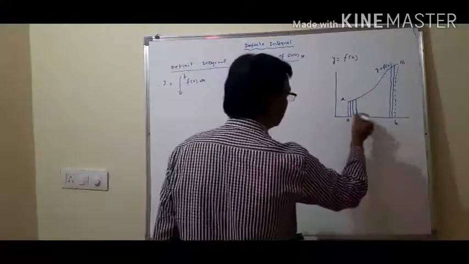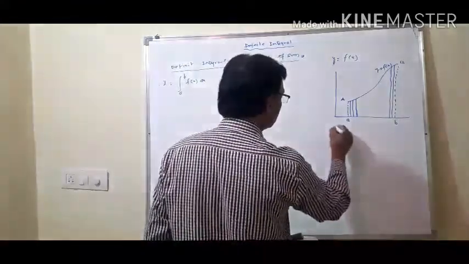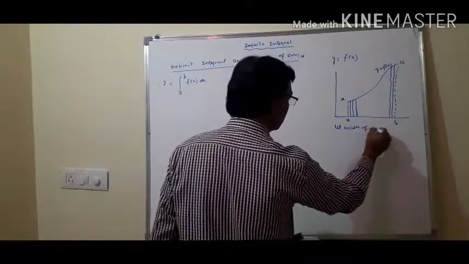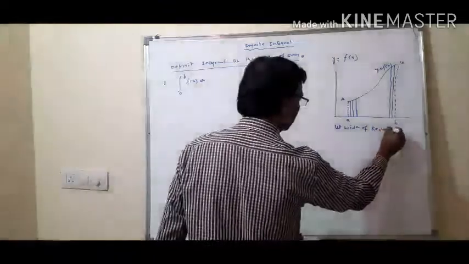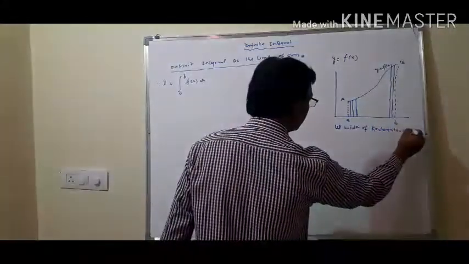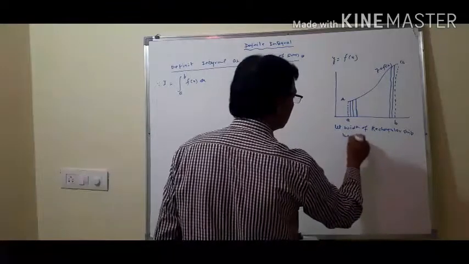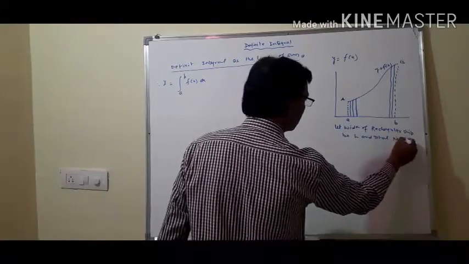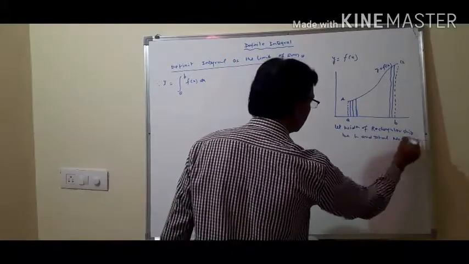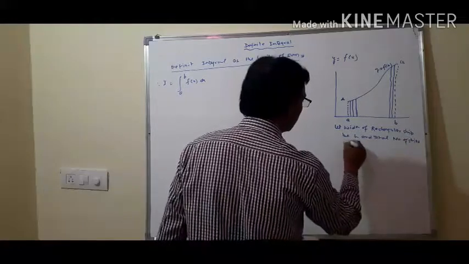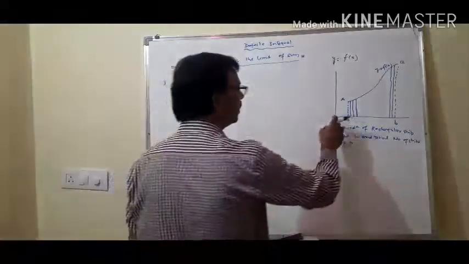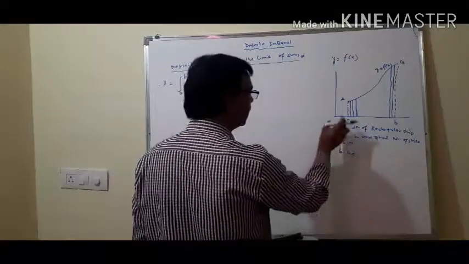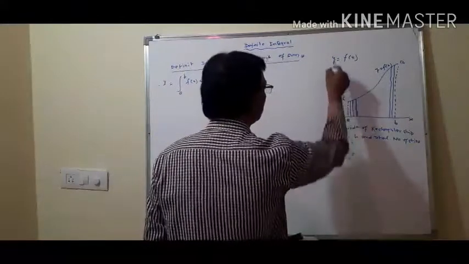Consider the strips to have the same width. Let the width of each rectangular strip be h, and the total number of strips be n. Therefore b minus a equal to, what is b minus a? Suppose this is the x axis and this is O, y.